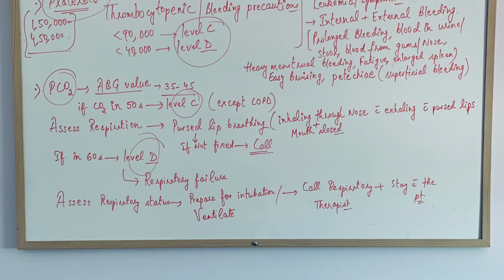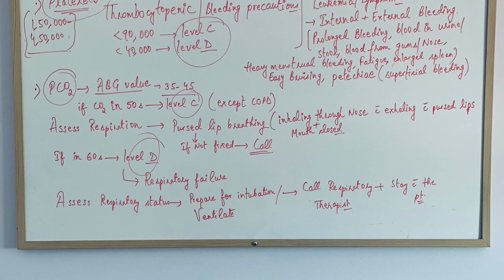So what happens when the carbon dioxide level is level C? First of all, the nurse should look at the respiratory status. She should measure the rate of respiration. If respiratory difficulty is present, then the nurse should prepare the patient for pursed lip breathing.